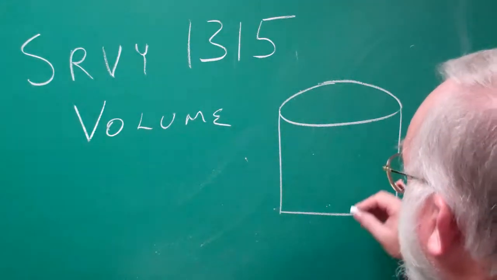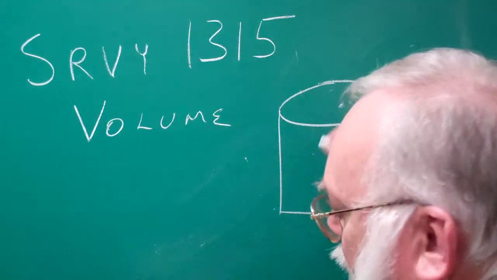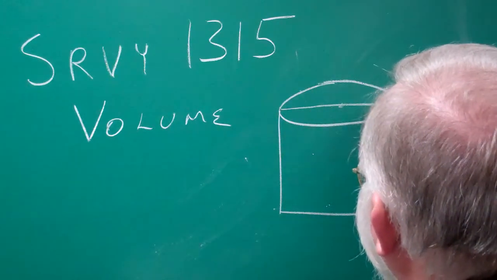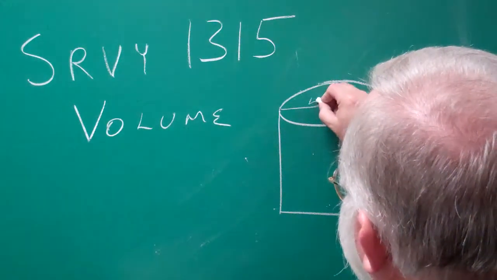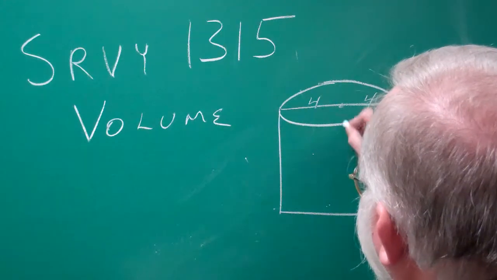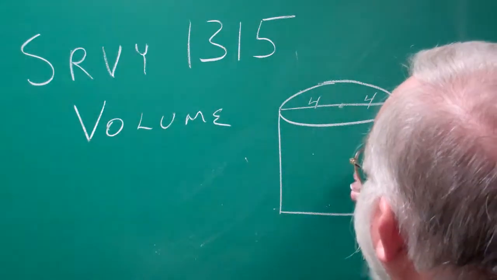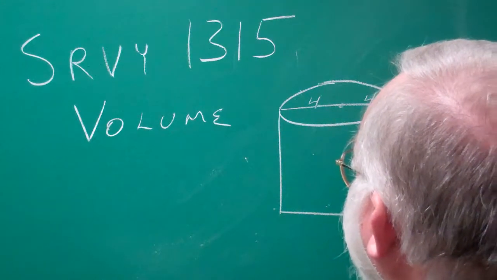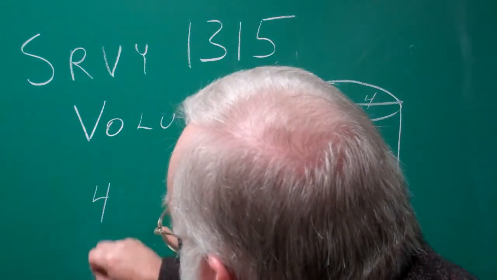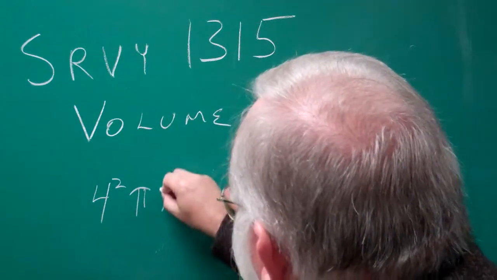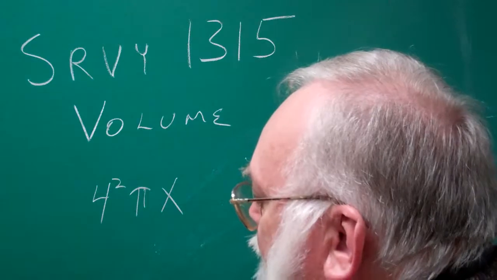So you have a cylindrical tank, 8 feet across. 8 feet is 4 and 4, so the radius is 4. How much volume does it have? It's radius squared, 4 squared, times pi, times 12 feet.